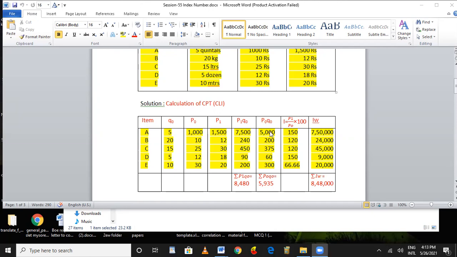Here weights are the Q0, base year's quantity, and base year prices.